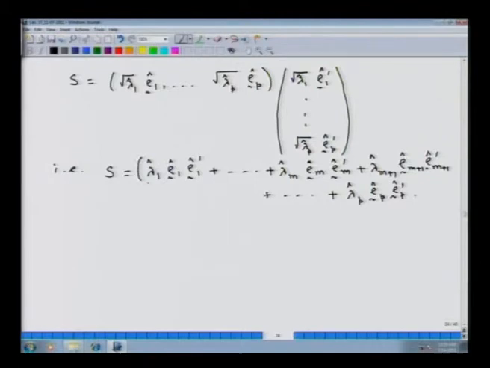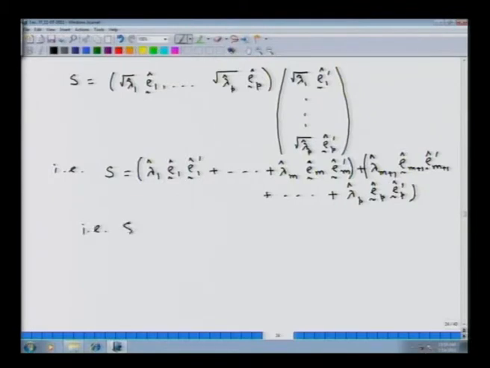There is a reason why I have written all these terms up to m and beyond m. The first m terms are going to come from the L hat L hat transpose matrix.